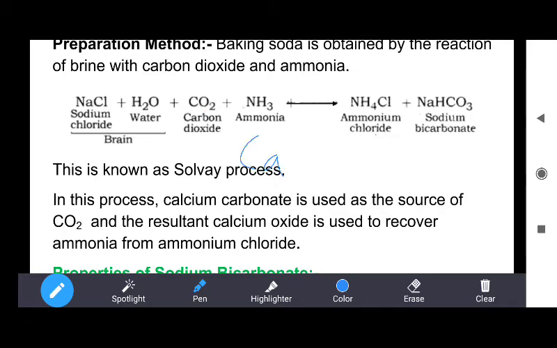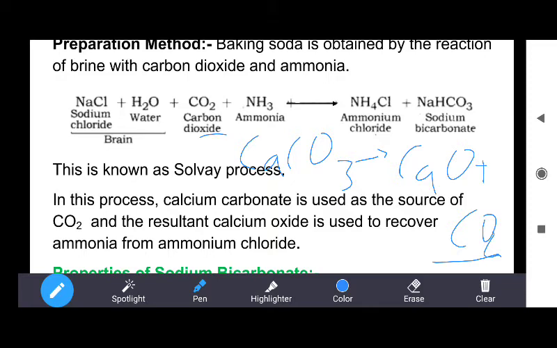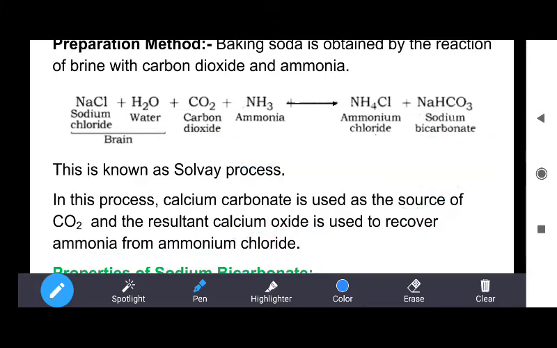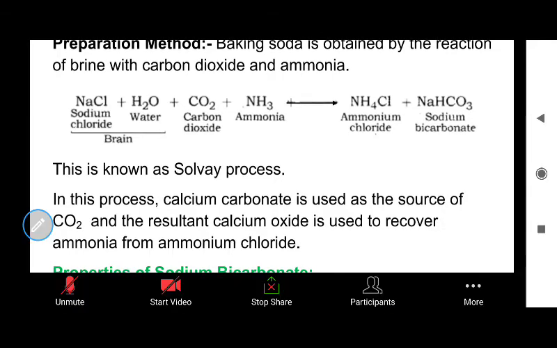When calcium carbonate is heated, calcium oxide and CO2 are formed. This CO2 gas is used for this reaction and the obtained calcium oxide is used again to recover ammonia from ammonium chloride.